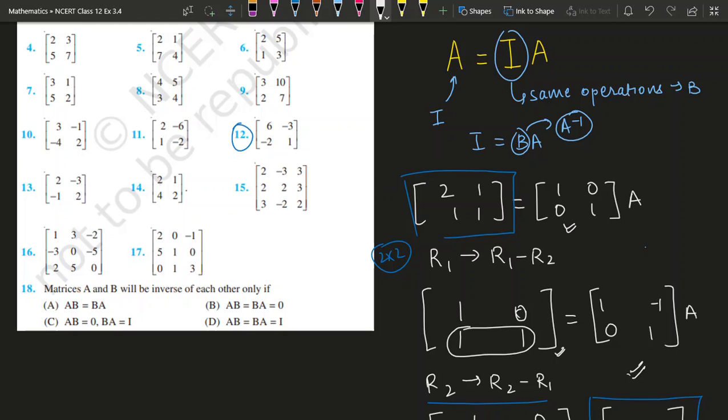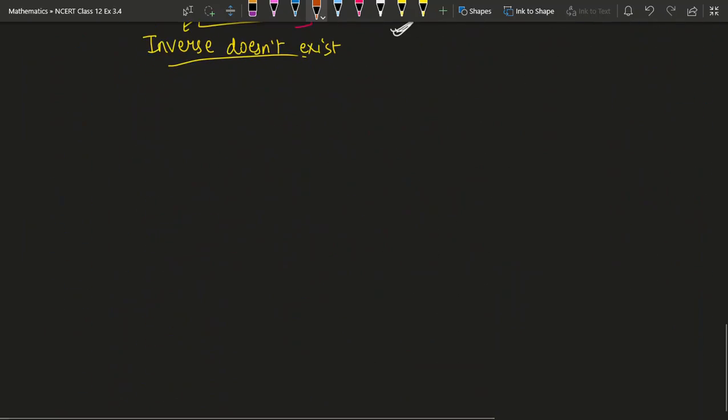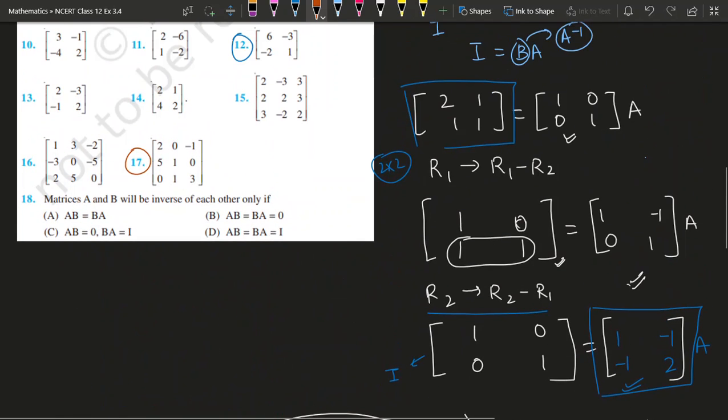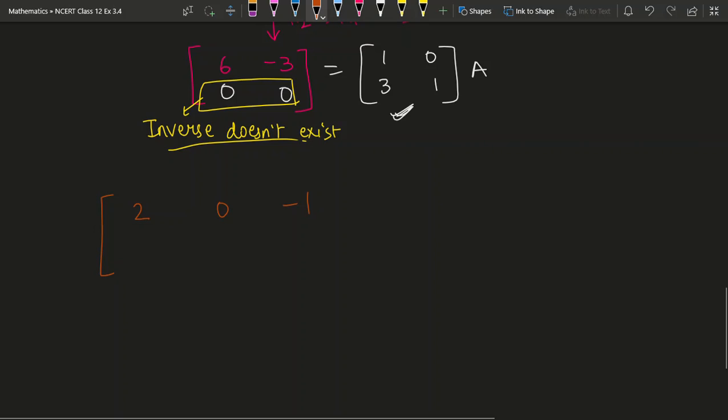Let's do a 3 by 3 matrix, and that would at least call for a nice practice. So the matrix is 2 0 negative 1, 5 1 0, 0 1 3.